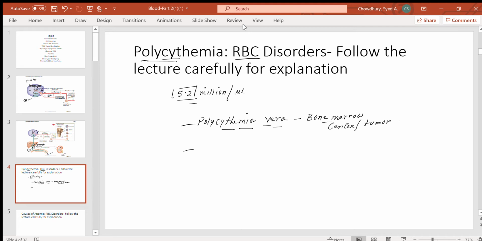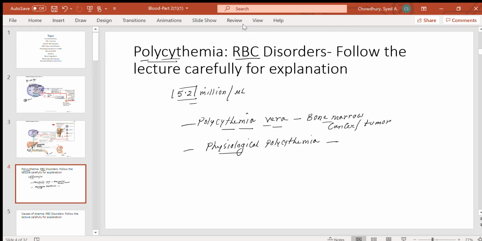Another is called physiological polycythemia. This one, physiological means normal, right? Polycythemia, this is not abnormal. For example, if you go on the top of a high mountain in high altitude, where the oxygen level is low, your body will get less oxygen, so your bone marrow will start to produce more red blood cells, so your blood can transport more oxygen.